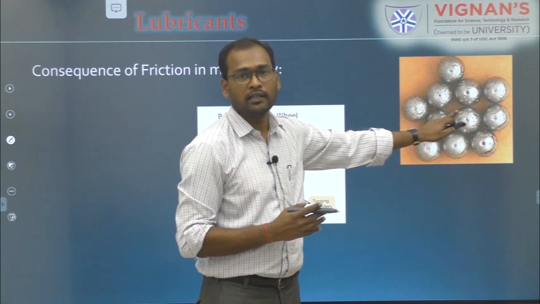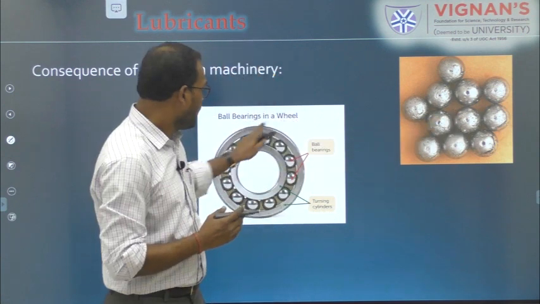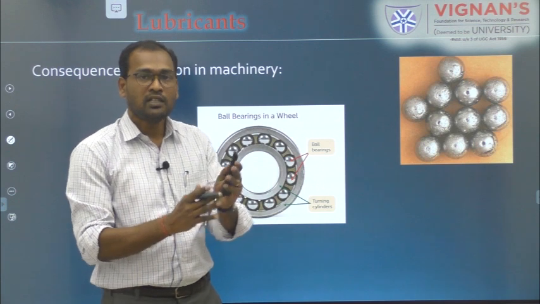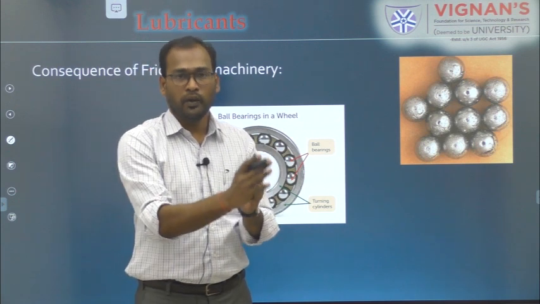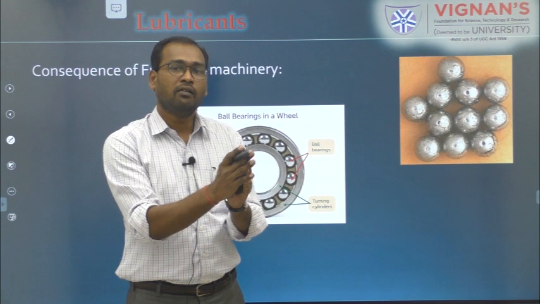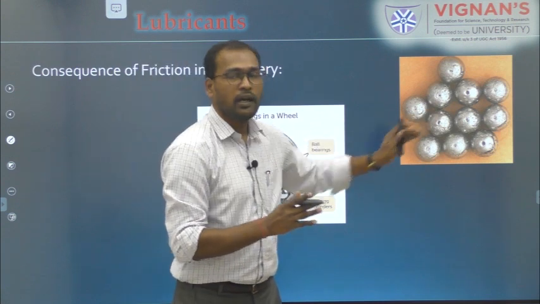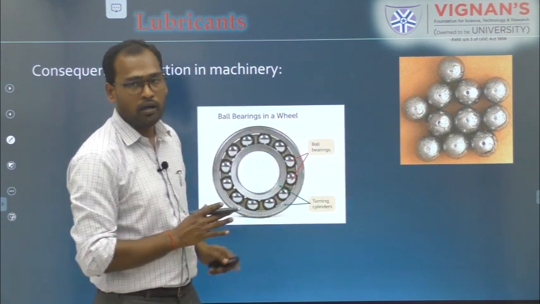These holes are nothing but the imperfections created when the surface moves, that is, when two surfaces keep on moving. After some time, there will be some wear and tear. This is what happened to the balls in the ball bearing, right?